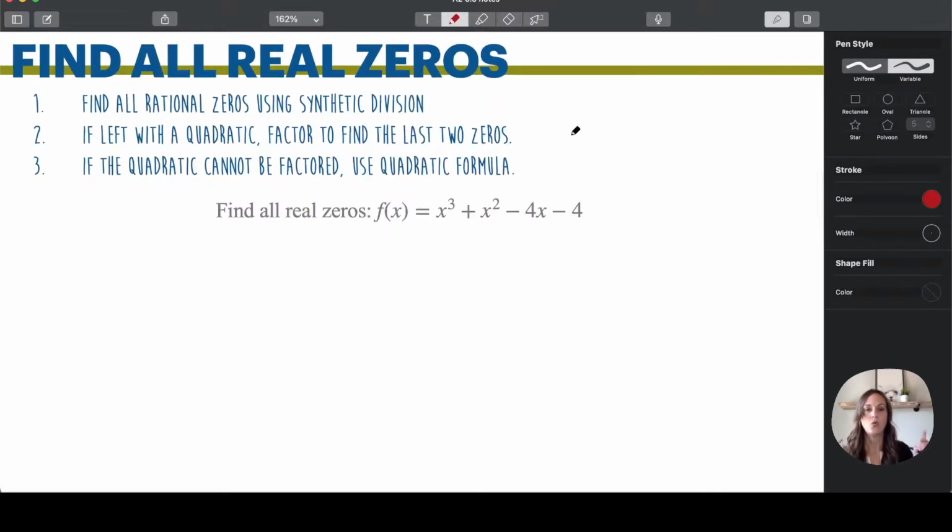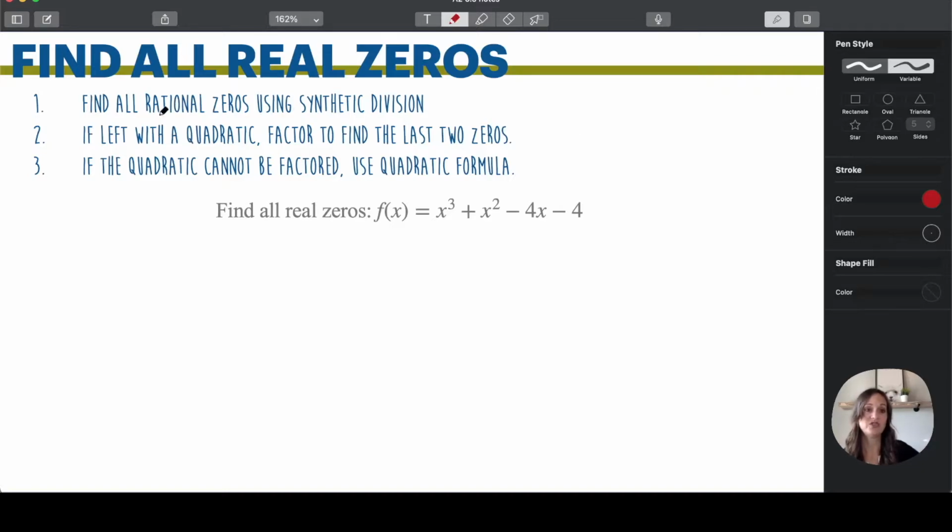Now, what does that exactly mean for us in how to actually solve this? You have only learned up until now how to solve quadratics, how to solve the sum and difference of two cubes, and then how to solve quartics that can be factored. Now, based off of synthetic division, what you have learned in the past, we can now actually find all the zeros.